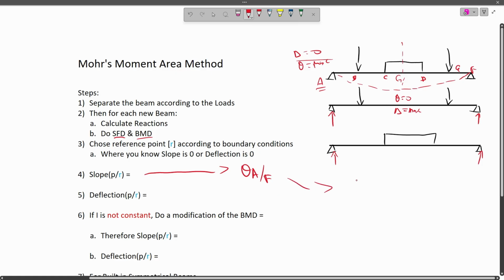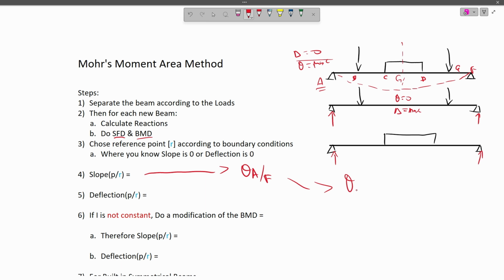Now the slope equation is basically going to be your slope at the required point, according to our reference, which will be the sum of the bending moment areas divided by EI.